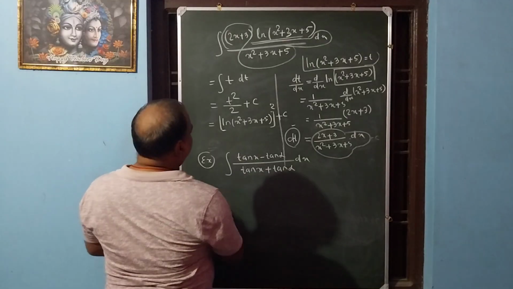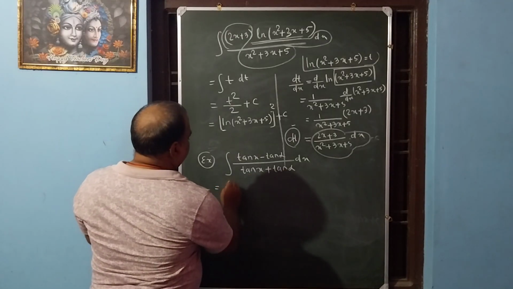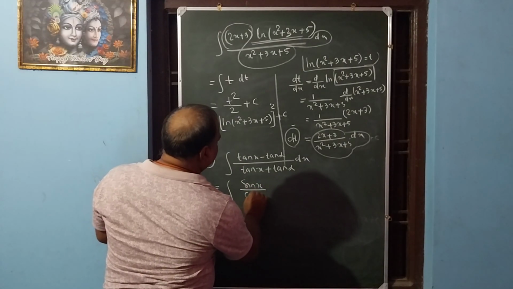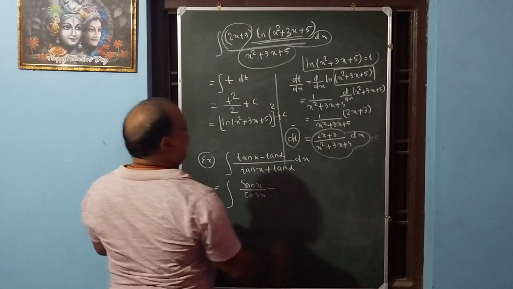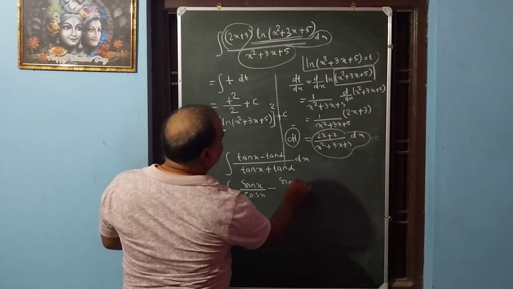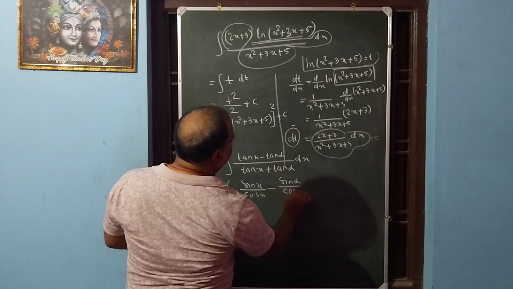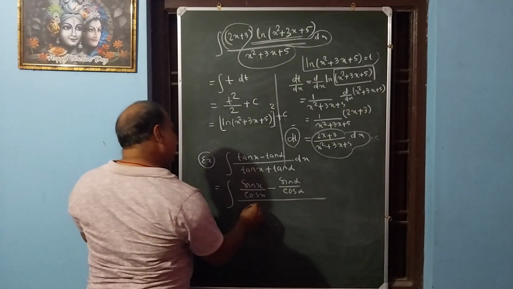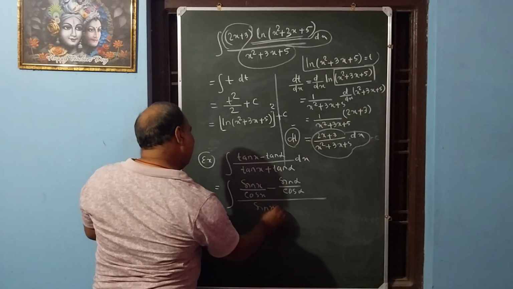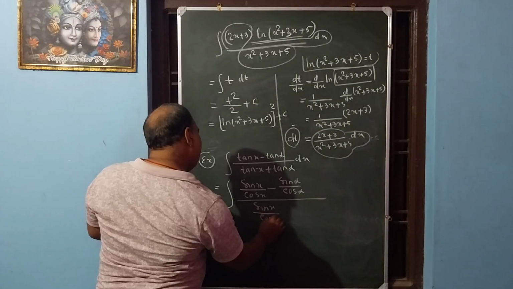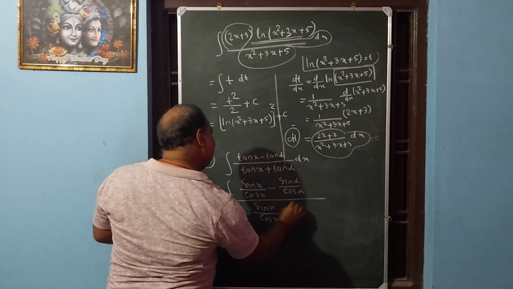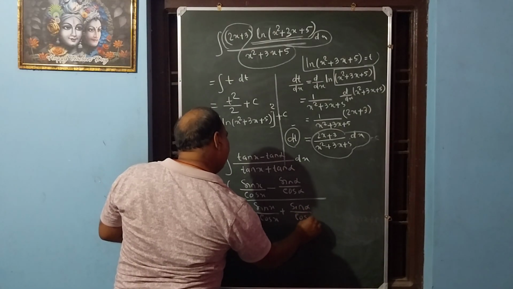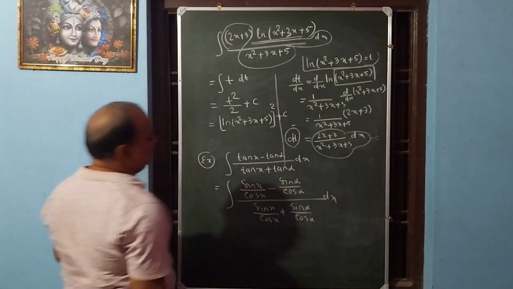So we get the integration of sin x divided by cos x minus tan alpha, which can be written as sin alpha divided by cos alpha, and in the denominator tan x is sin x by cos x plus sin alpha divided by cos alpha, whole into dx.